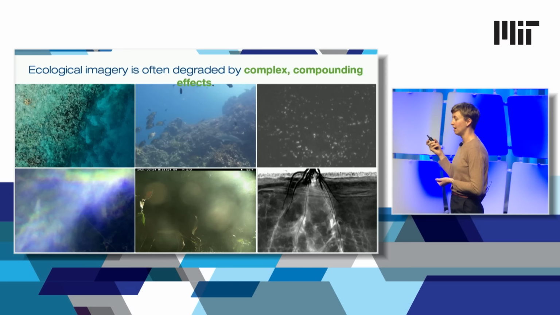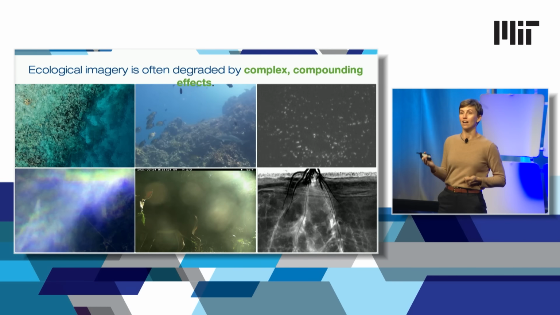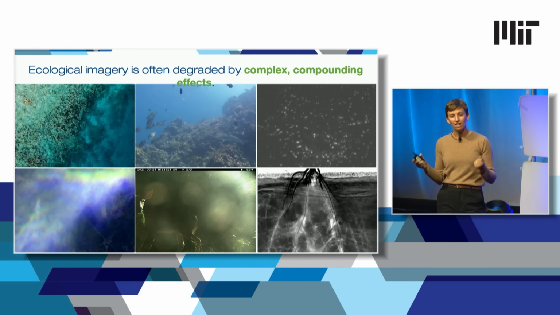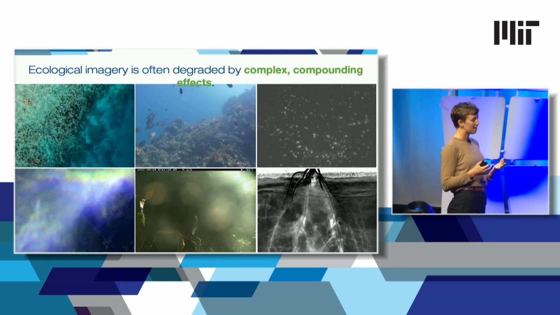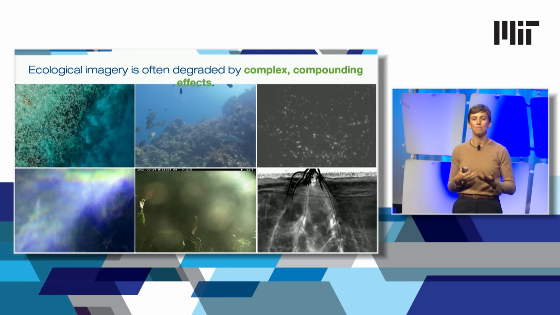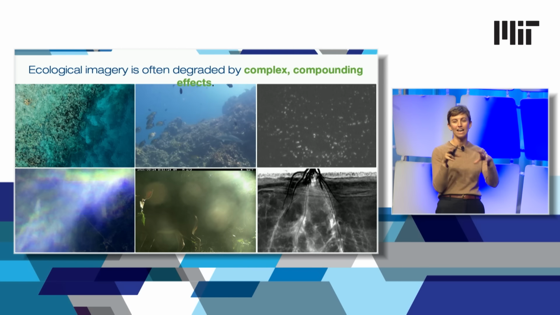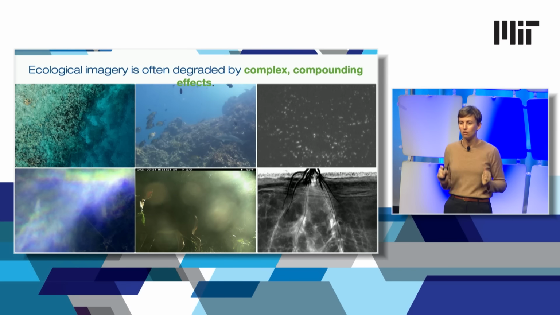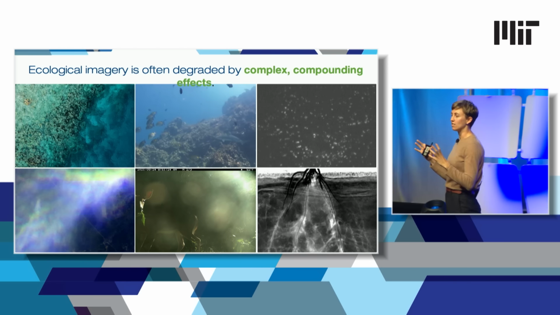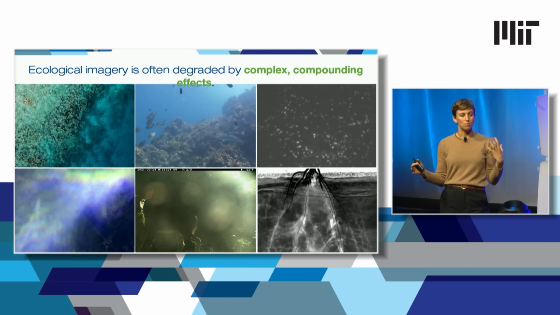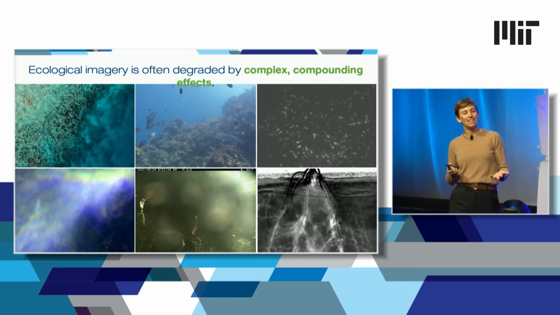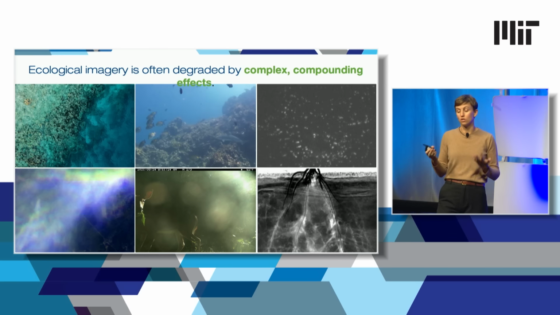Now, one of the big challenges that we have is that ecological imagery is often highly degraded, right? Unlike data that's captured by a human photographer, where maybe you're using your own intelligence to get a photo that captures the thing you care about, is reasonably well lit, is focused, is well centered. If you're collecting data from all of these remote sources, what you get is data that can often be very difficult to interpret.